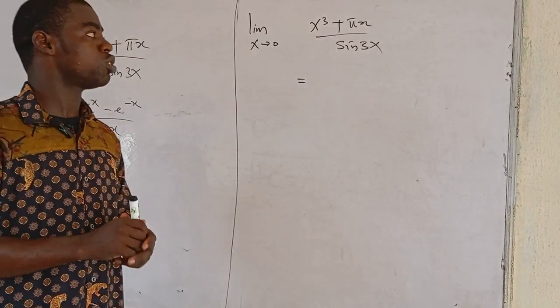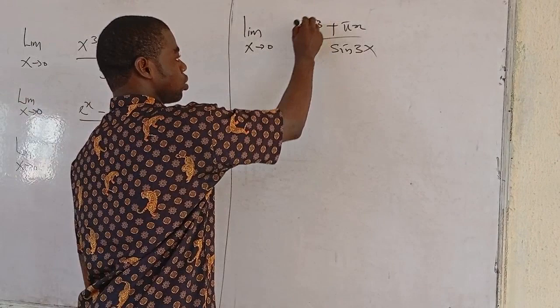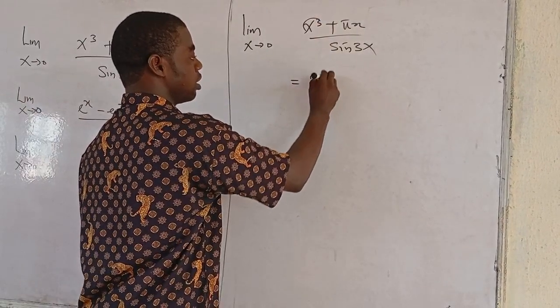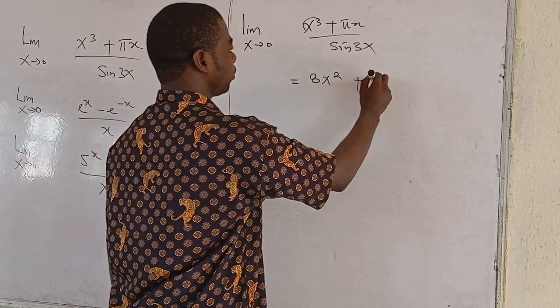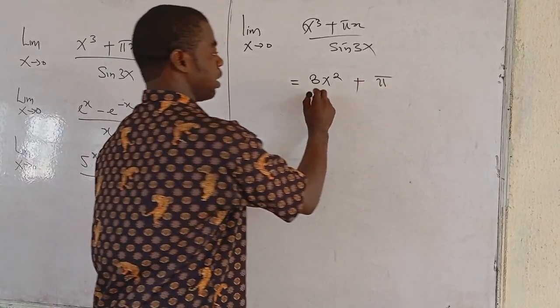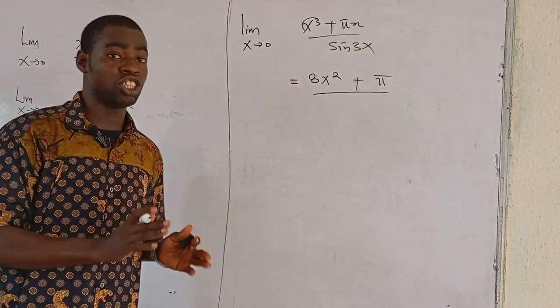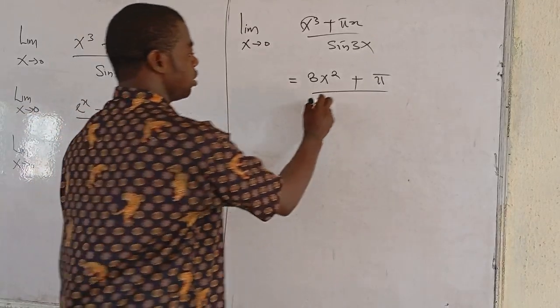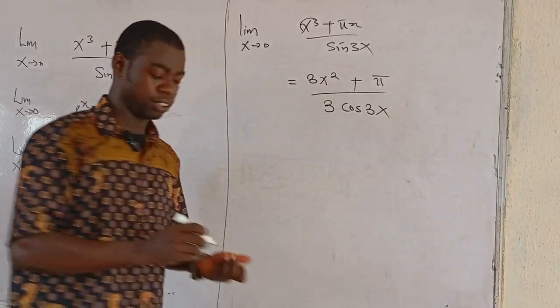So to differentiate x cubed plus pi x, we'll get 3x squared plus pi. Divide by the derivative of sine 3x, which by chain rule is 3 cos 3x.